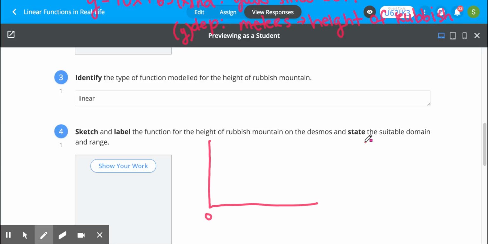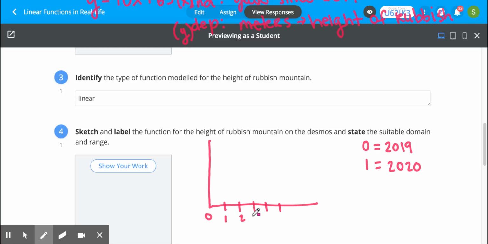So maybe that's important for me to identify. 0 equals 2019, like maybe I want a key, and then 1 year is 2020, 2 years is 2021, 2022, 2023, 2024, and so on.